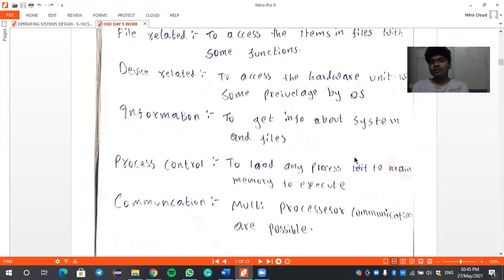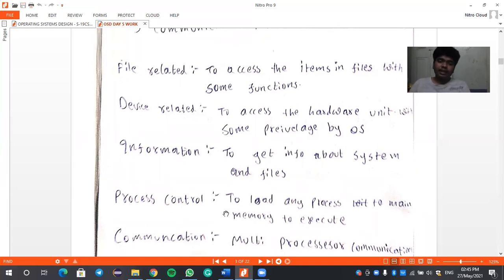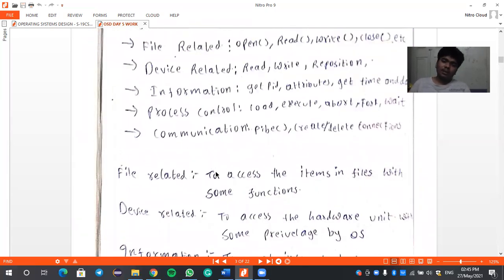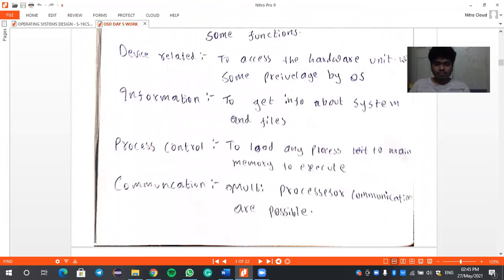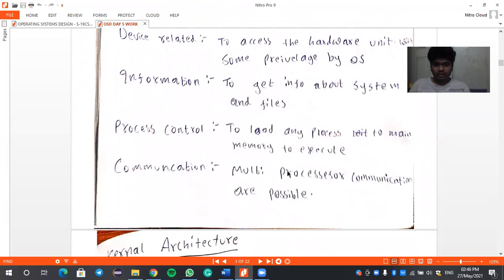Process control is therefore loading any process into main memory to execute a program. And then communication purpose: multiprocessor communications are possible. This is a single memory shared by multiple systems, so there should be a common communication between them, like a shared memory unit. This is possible with the help of communication system calls.